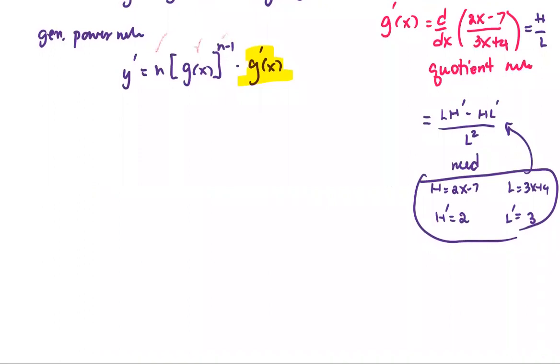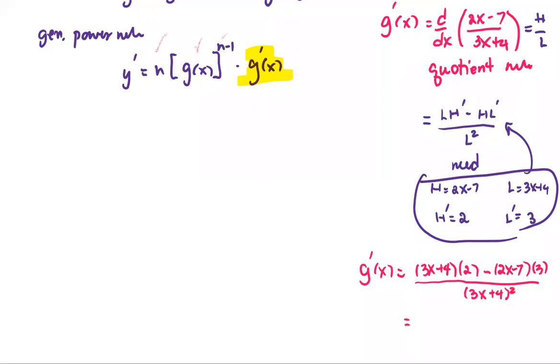So my g prime is the low, the quantity 3x plus 4, times d high, the value 2, minus the high function, 2x minus 7, multiplied by d low, the value 3, all divided by low squared, the quantity 3x plus 4 squared.